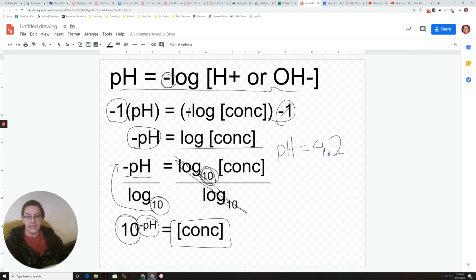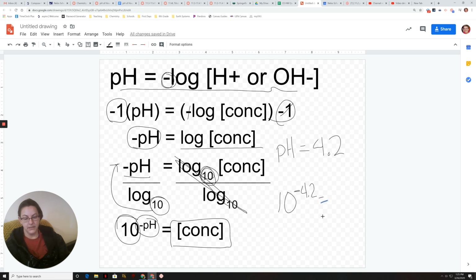All I do is take the pH. I take the number 10. I make the pH the negative exponent of that 10. And when I finalize that calculation, that is when I get my concentration.